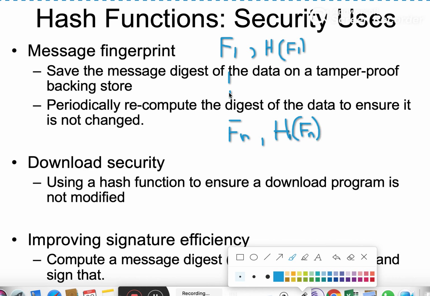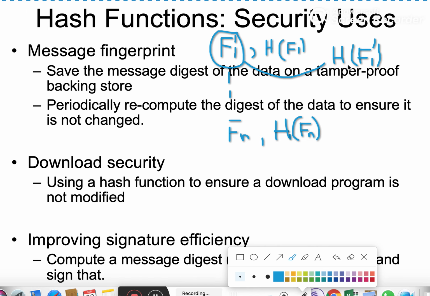Let's suppose now a virus infects F1. When the virus infects F1, F1 has changed to F1 dash. F1 is not the same as previous because the virus adds its code to F1. So F1 will change to F1 dash, and the system recomputes hashes and compares them with the stored hashes to find out if there is any tampering or change in the file.